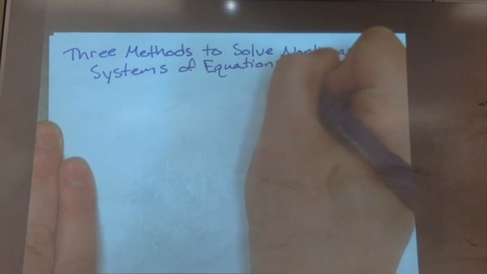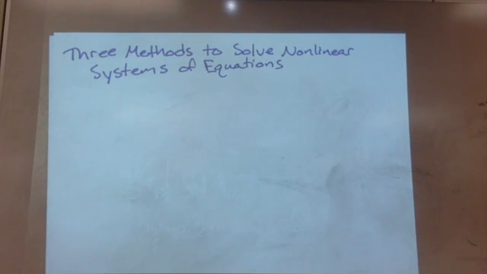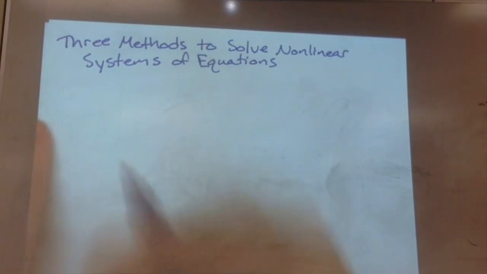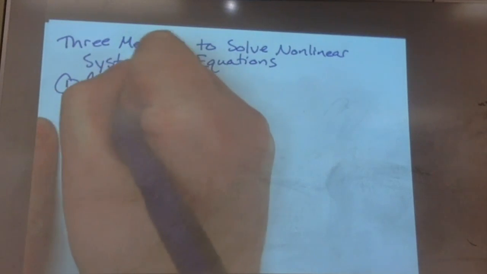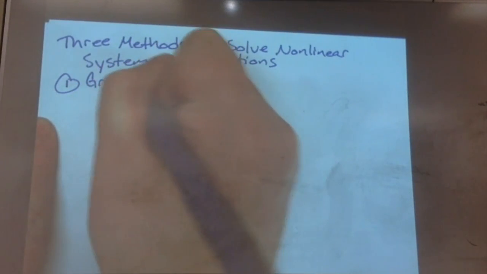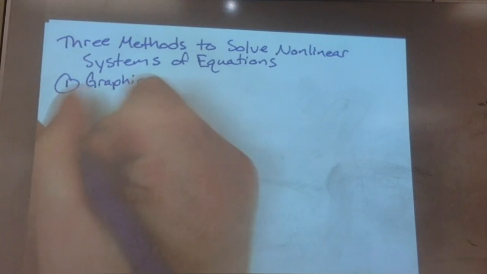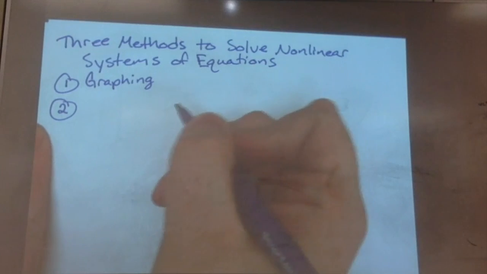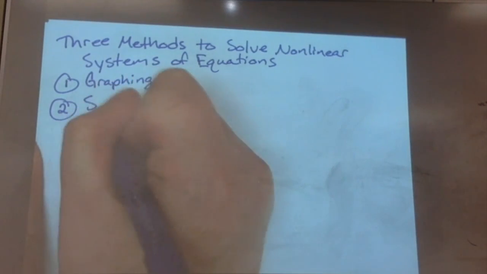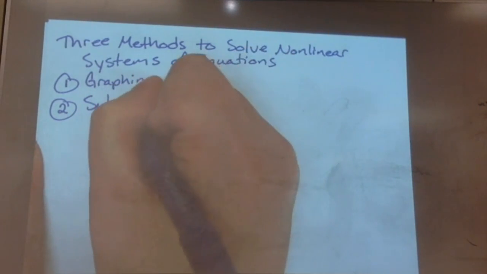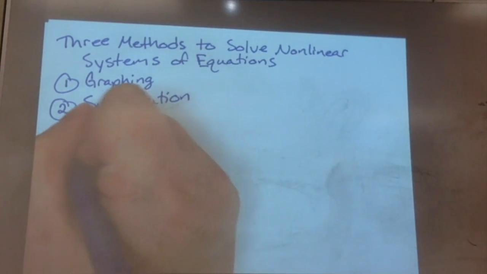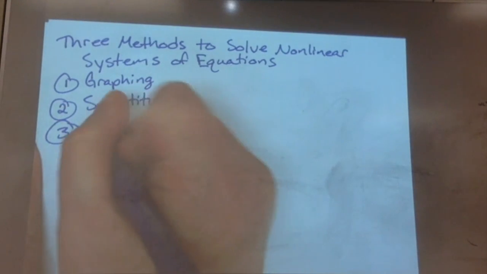Method 1 is graphing. Method 2, substitution. And method 3, elimination.